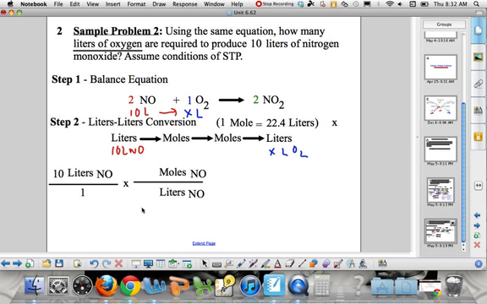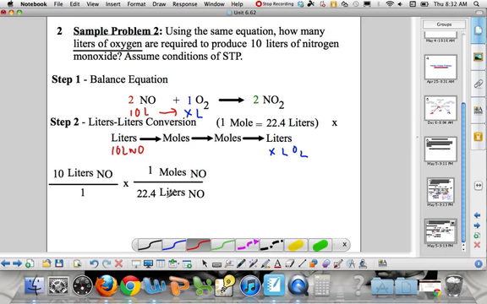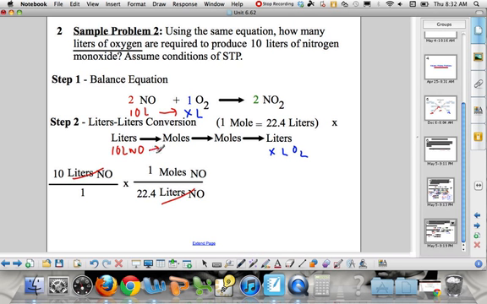How do I convert a mole into a liter? Here's my conversion factor: 1 mole is equal to 22.4 liters. Because I have the liters on the top and bottom, my liters cancel out, and now I've gone to moles of NO.